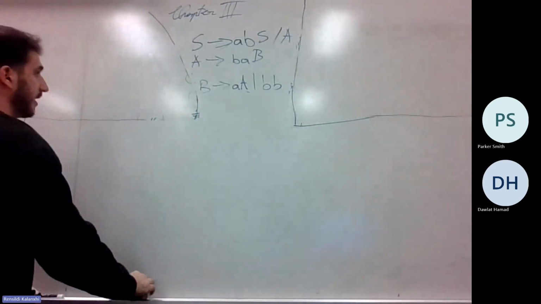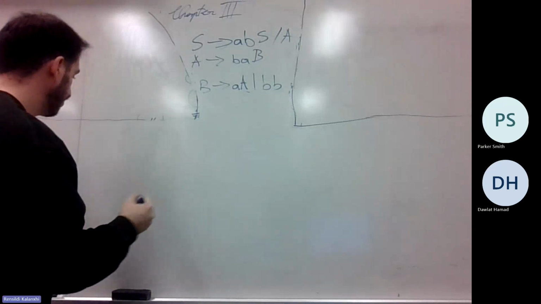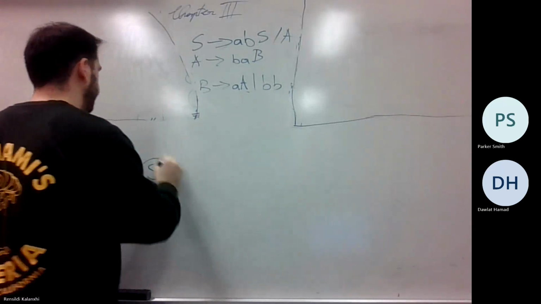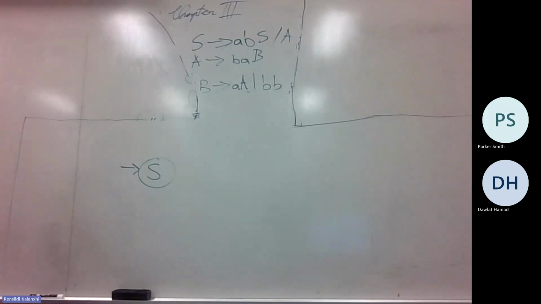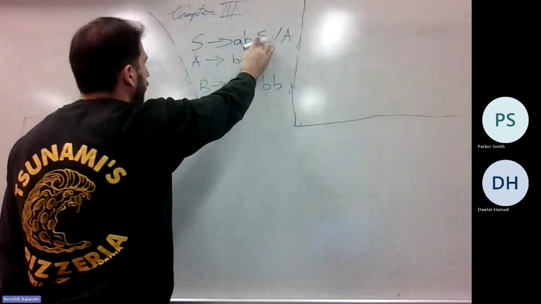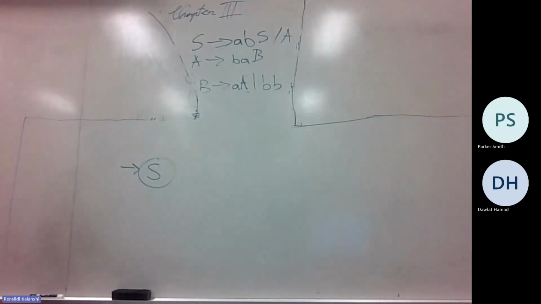We start with the first state, which is S, the initial state. And we're seeing that AB ends up with an S.